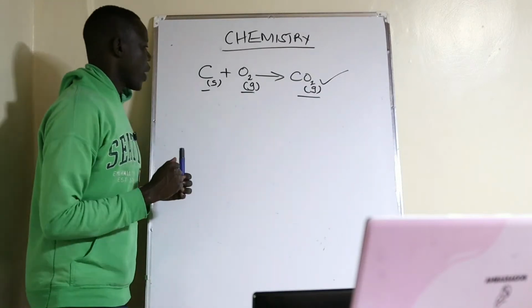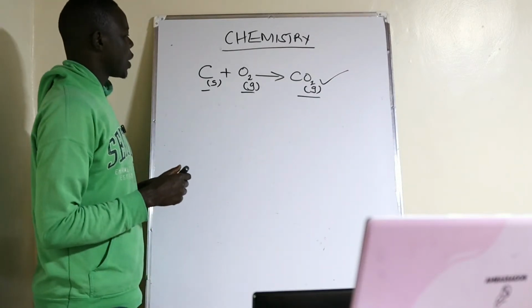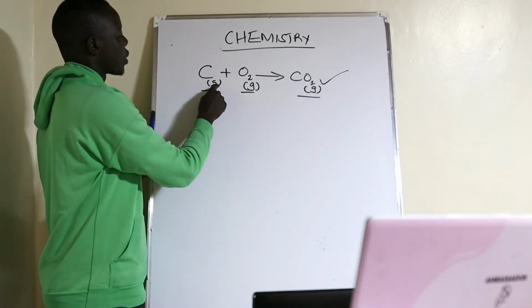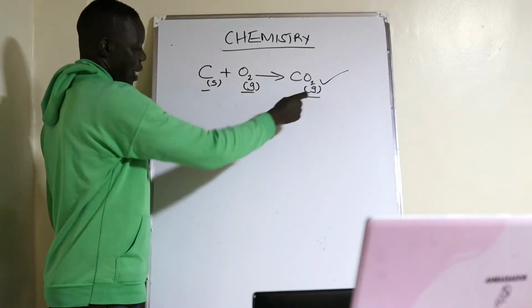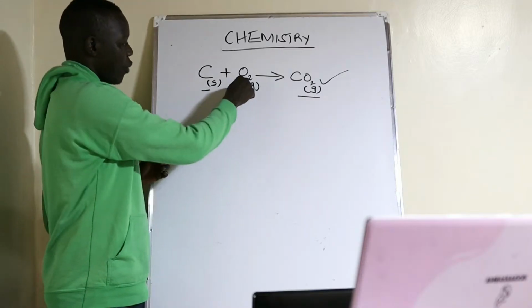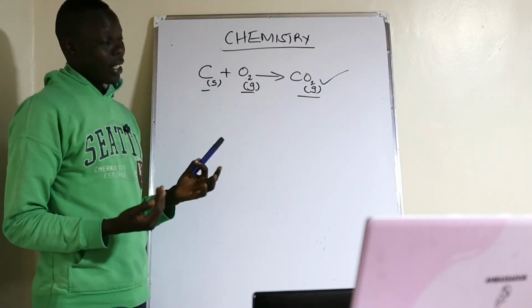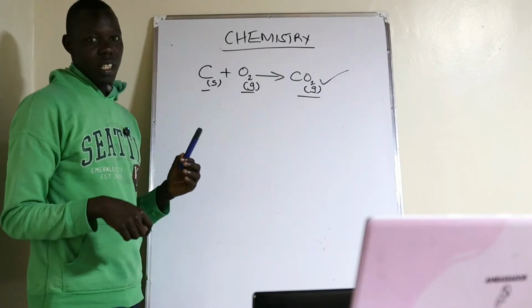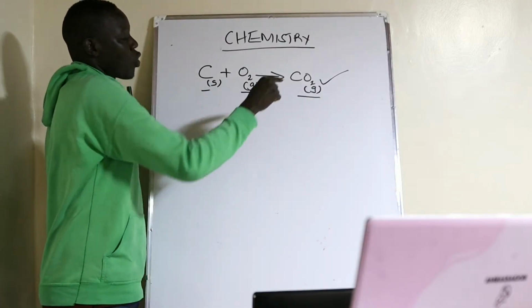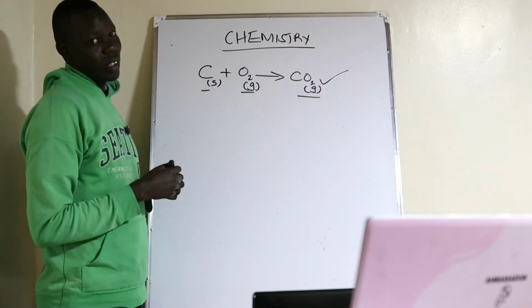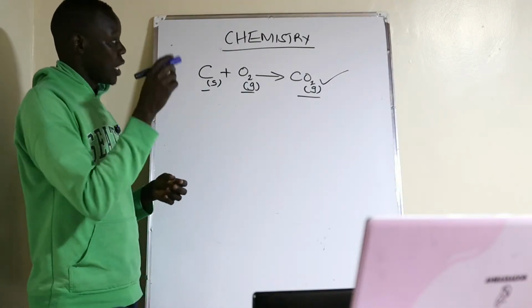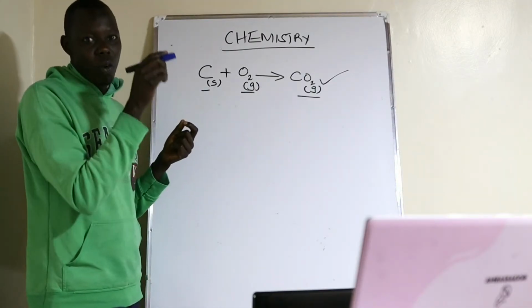Now, check whether you have given the correct state symbols: solid, gas, and gas. If you put L here for liquid, then you would have gone against it. Just writing a chemical equation is only 1 mark, and most examiners, if you make one mistake, will fault you completely.